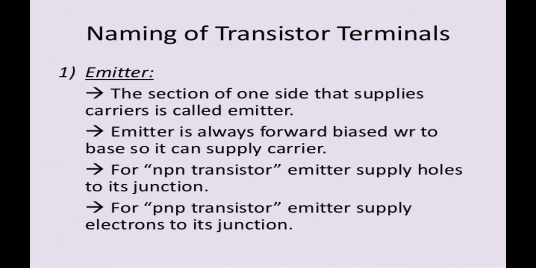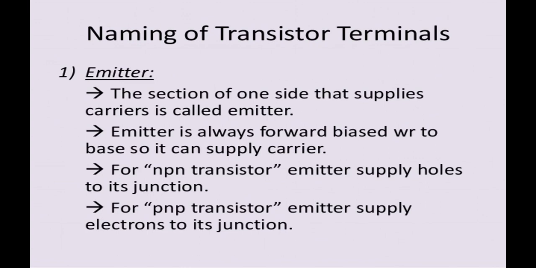The emitter is the section on one side that supplies the carriers, and it is called the emitter. The emitter is always forward biased with respect to the base, so it can supply carriers. For an NPN transistor, the emitter supplies electrons to the junction, and for a PNP transistor, the emitter supplies holes.